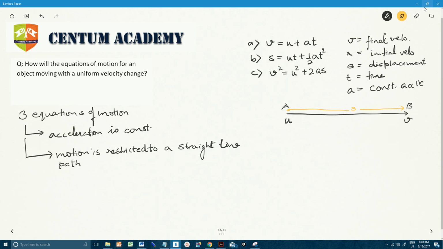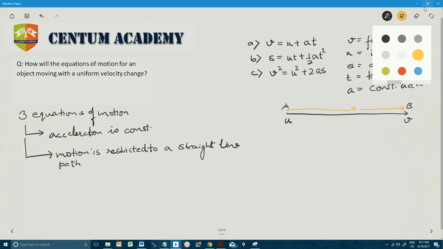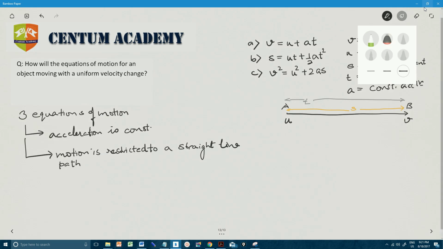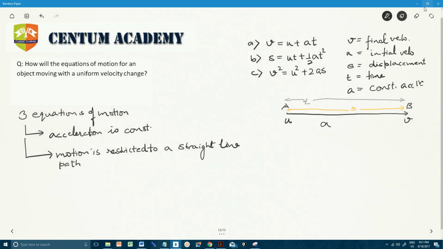So the path length is s. T is the time taken for this journey. The body takes t time to cover this distance, and all through the acceleration was a in this direction. So this is how we are describing the motion.